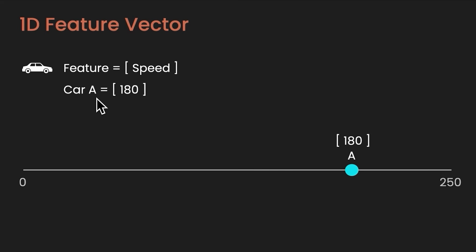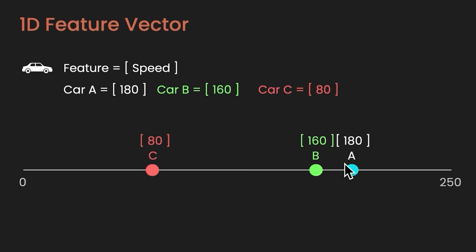Car A can be plotted on a number line, let's say here, and we represent it using a one-dimensional feature vector where the speed is 180. Now let's consider a few more cars. We have car B and car C. For car B the speed is 160, again represented using a one-dimensional feature vector, and for car C the speed is 80, again represented using a one-dimensional feature vector. And you can see here we plot them on a number line.